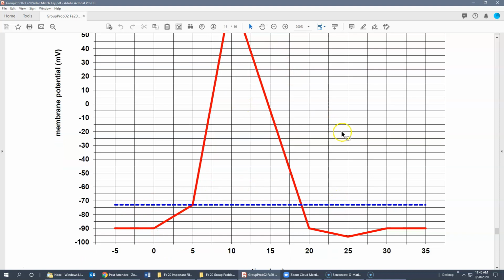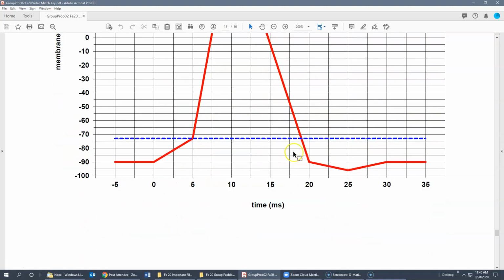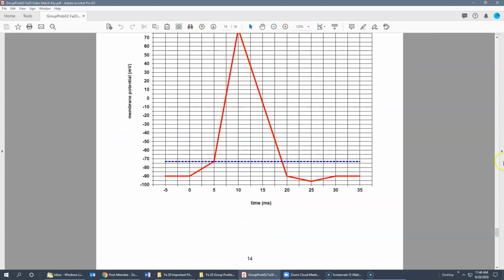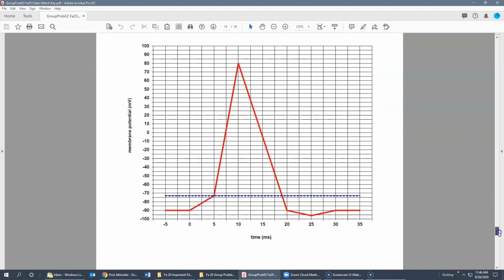And surprisingly, or maybe not surprisingly, it looks a lot like our action potential. Slightly different numbers, but really the overall look is pretty much the same. So that's the point of that question.